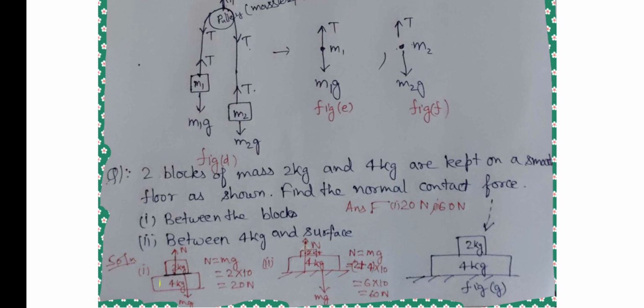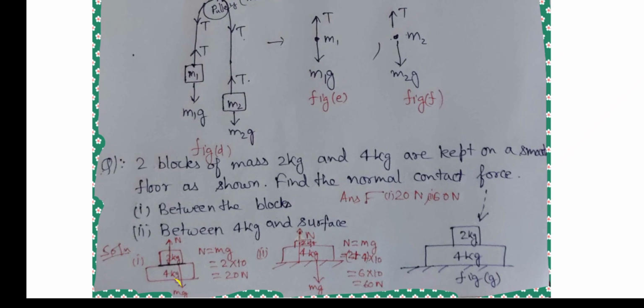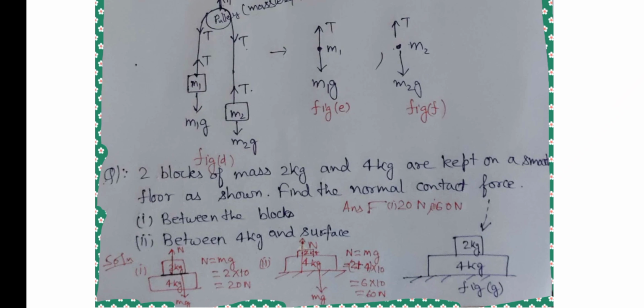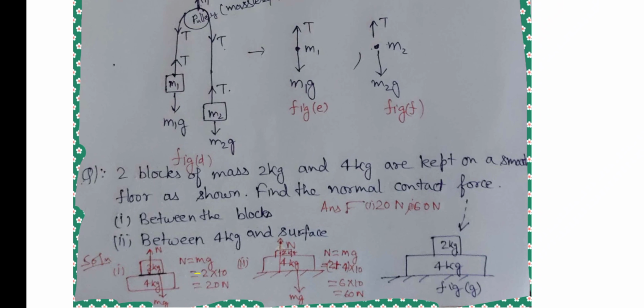In the solution, you can see we have drawn two blocks, and the contact is denoted in blue. The normal will be in the upward direction and the gravitational force is balanced by mg at the contact point. So N equals mg, where m is the mass, and normal is our upward force.